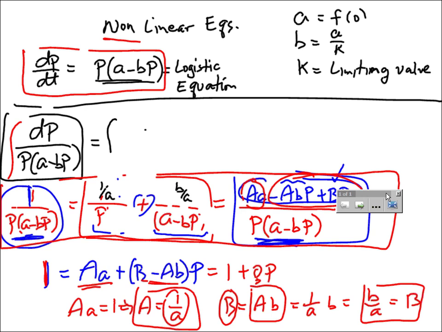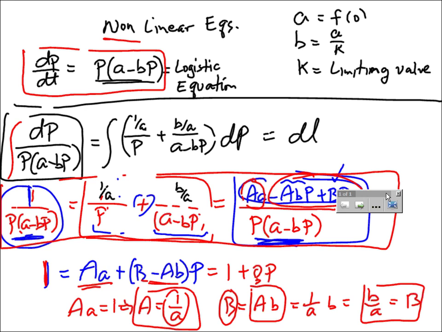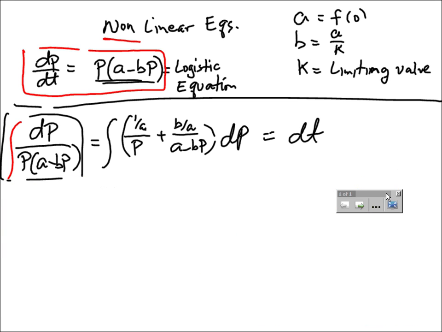So this integral in the middle is just 1 over a times (1 over p plus b over (a minus bp)) dp. Remember, it equals dt. Okay, let's solve this integral.